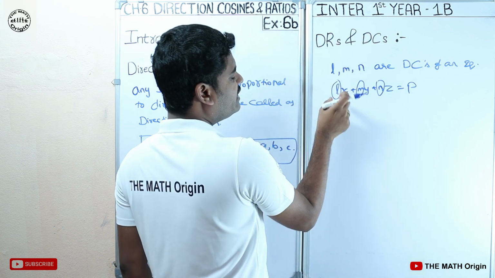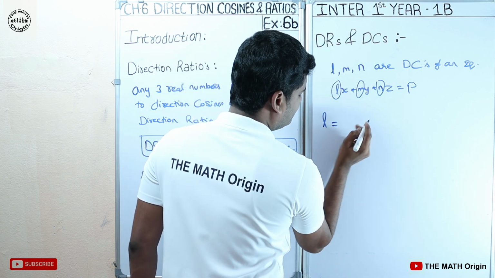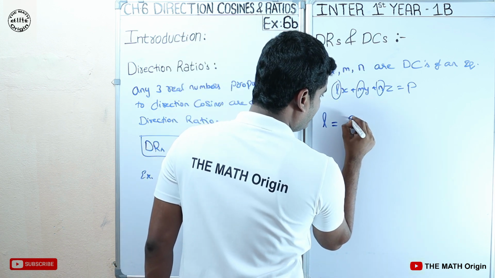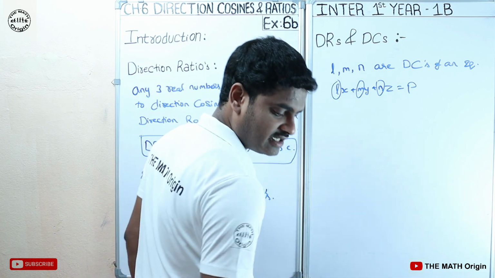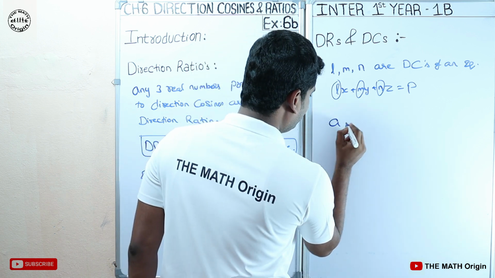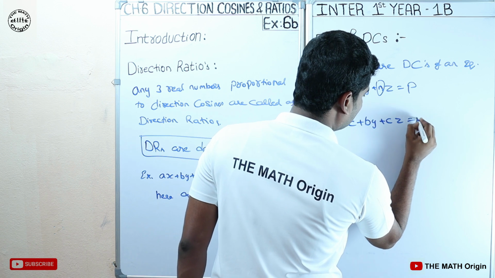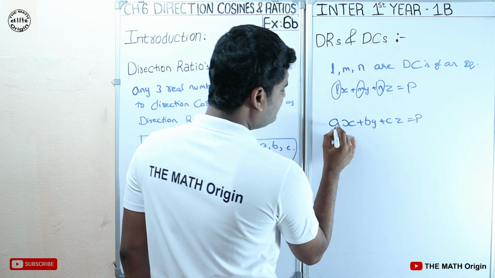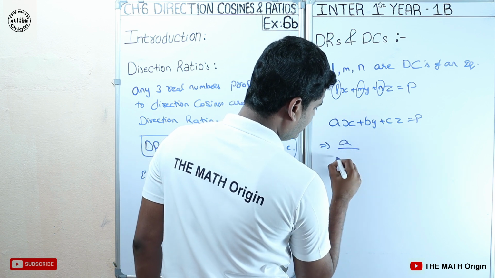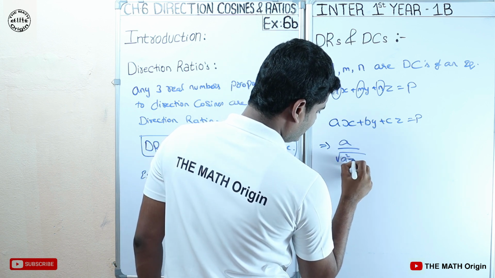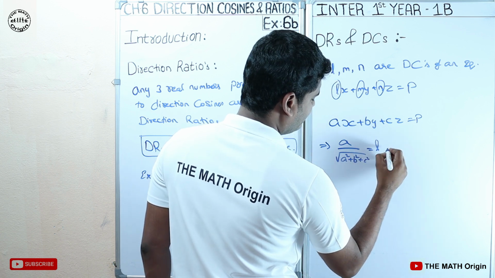So how can we relate direction cosines with direction ratios? For direction ratios the equation format is ax plus by plus cz equals p. From this we can take a by root of a square plus b square plus c square, which is called l.